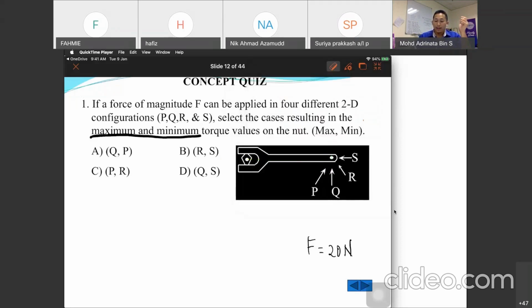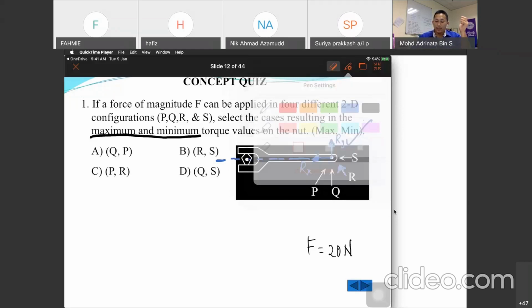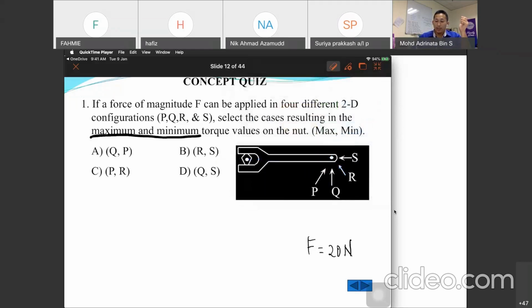Then R, break up R. R is that way and this way. So for RY, yes, we have torque, but no RX, because RX is acting on the line of our point of action.